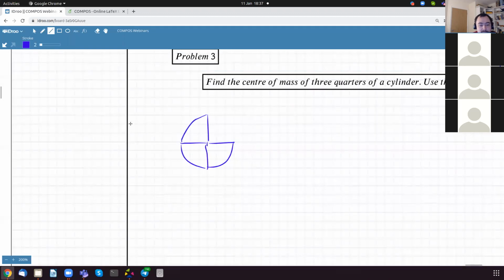Once again, we choose a convenient system of coordinates. So I'm going to use this set of coordinates, x and y.